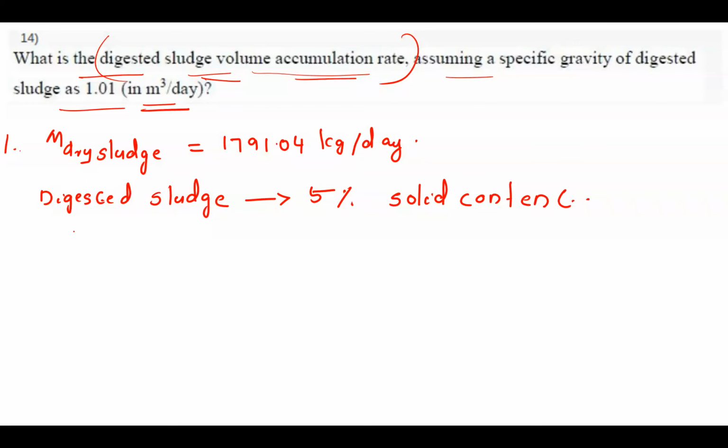Now, what is this meaning? This means that 5 percentage of total digested sludge mass is dry solids.